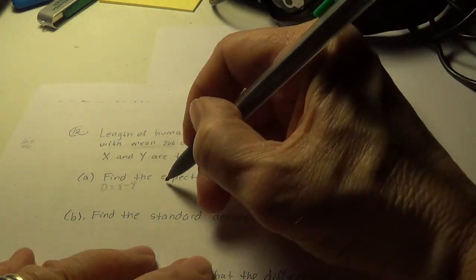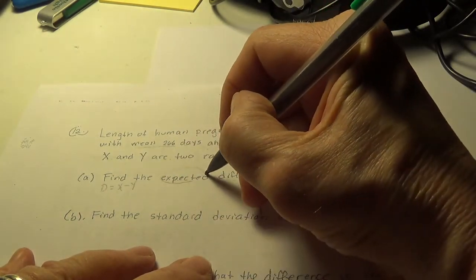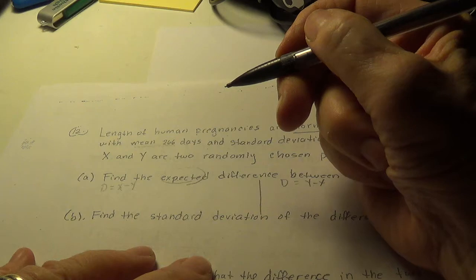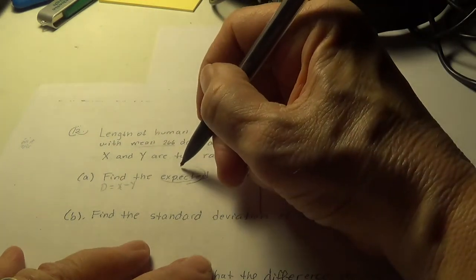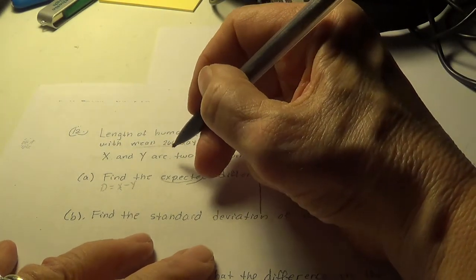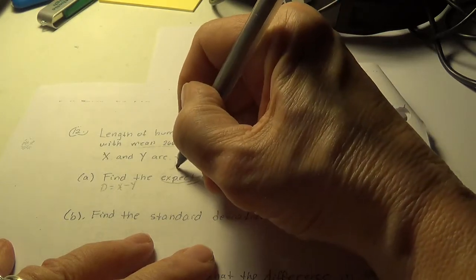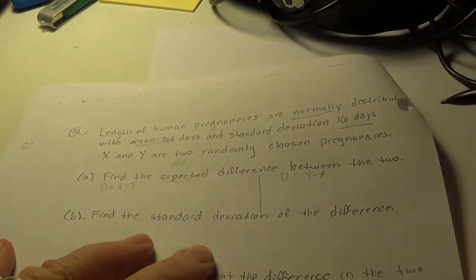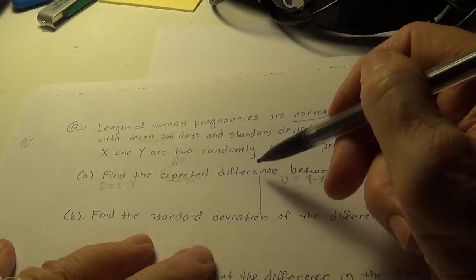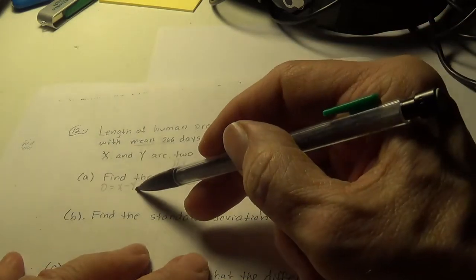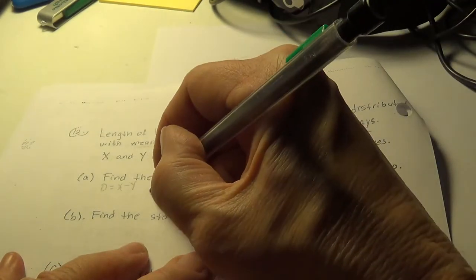When I see the word expected, even though pregnancies talk about expecting, this is not that kind of expecting. This is the mean. So whenever you see the word expected, you want the mean of the difference. So I'm looking for the mean of the difference.